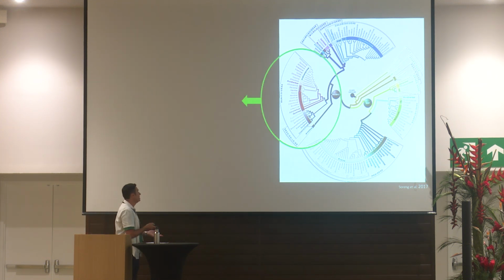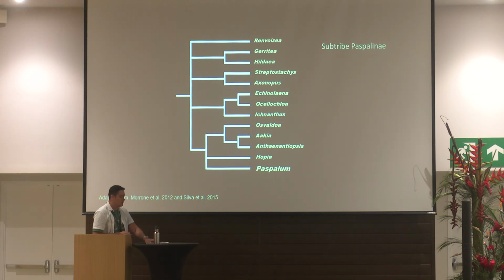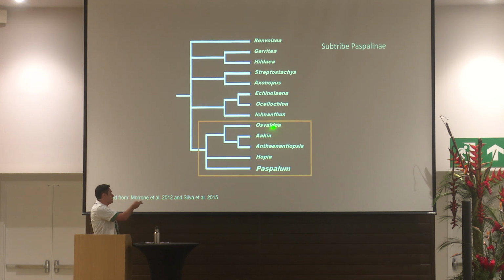Within Panicoideae, Paspalum belongs to tribe Paspaleae, subtribe Paspalinae. And within subtribe Paspalinae, Paspalum is part of a clade that includes the genera Osvaldoa, Achia, Anthaenantiopsis, and Hopia. But there are no obvious morphological features that unite them. So once again, a lot of convergence.